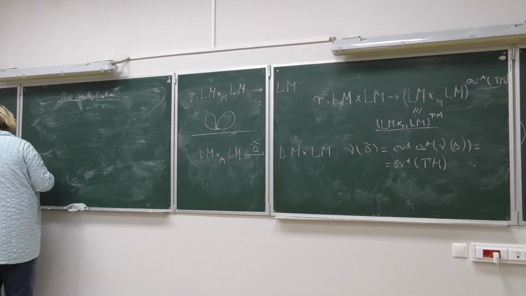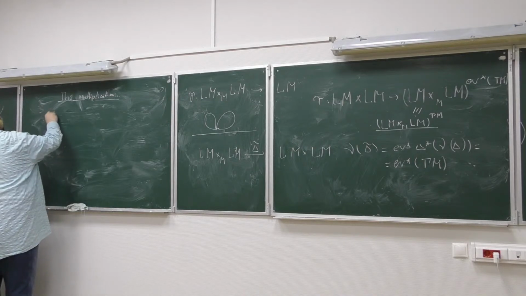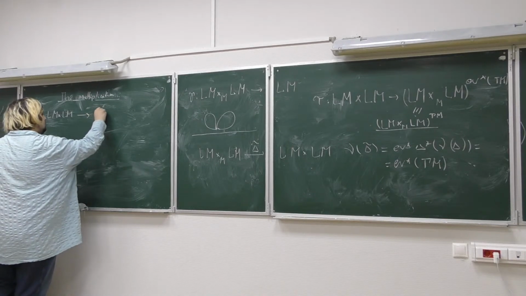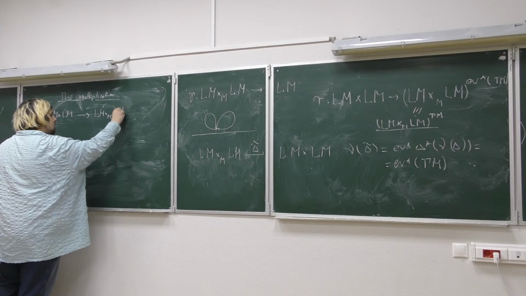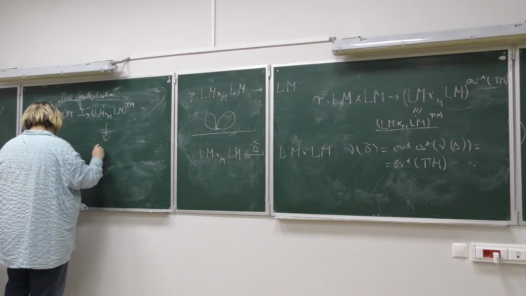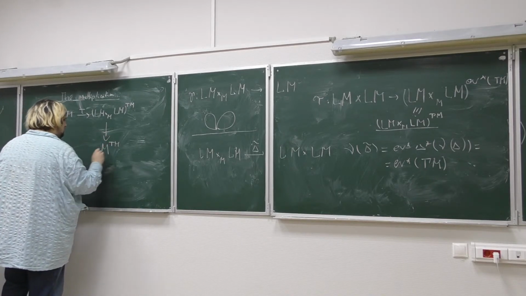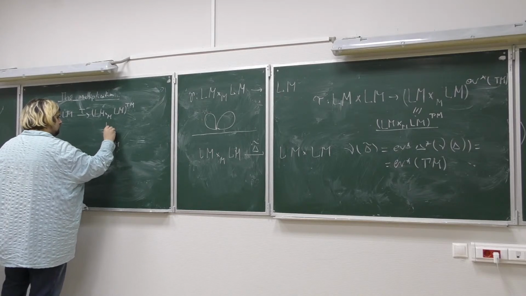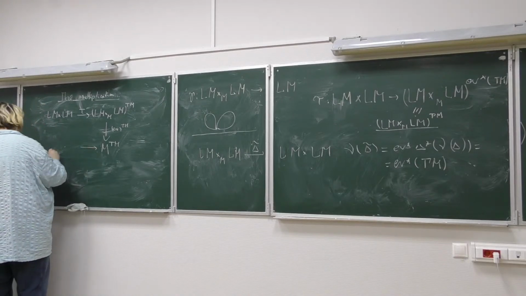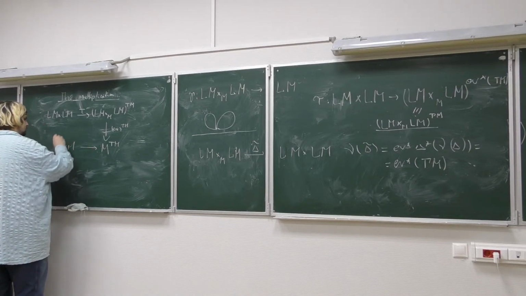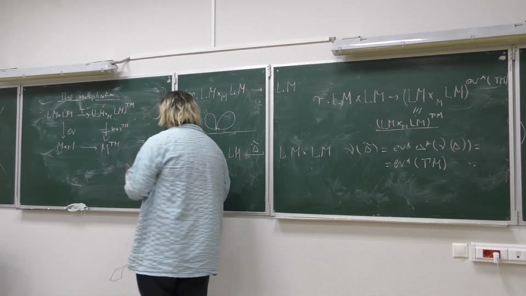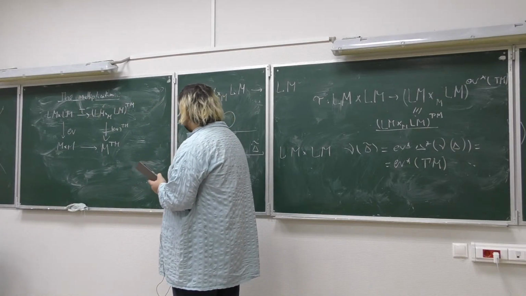So we have another commutative diagram. Let me first write it, then I'll show it to you. So this is just by naturality of the Pontryagin-Thom construction.